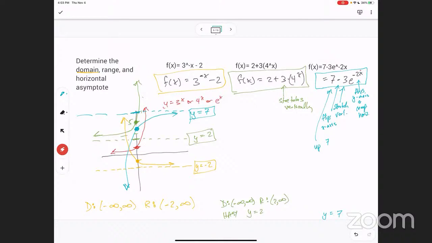So plug in 3 here, and you can just do this in your calculator if you wanted to. You get -2 times 3, so it's e to the -6, which is like 1 over e to the 6. So it's a small number, right? When you multiply that small number times 3, it's going to be 3 over e to the 6, which is, again, just a very small number.